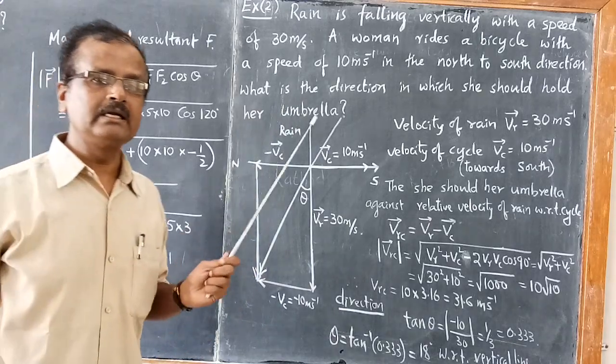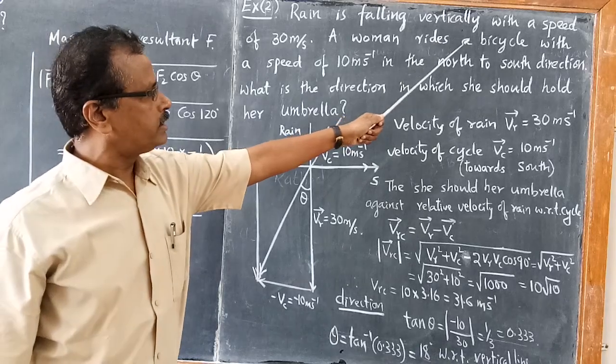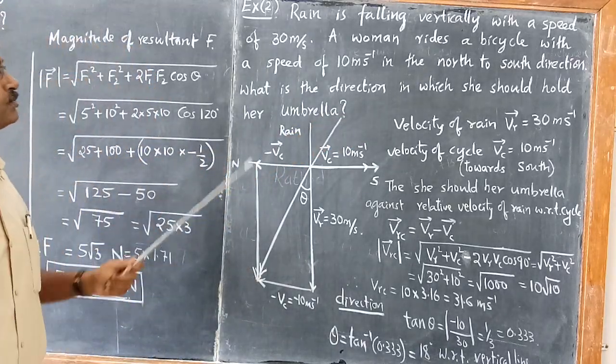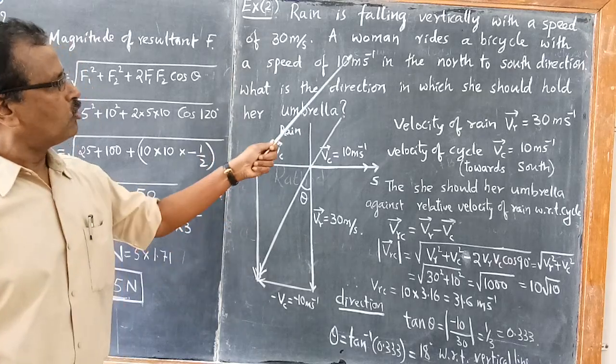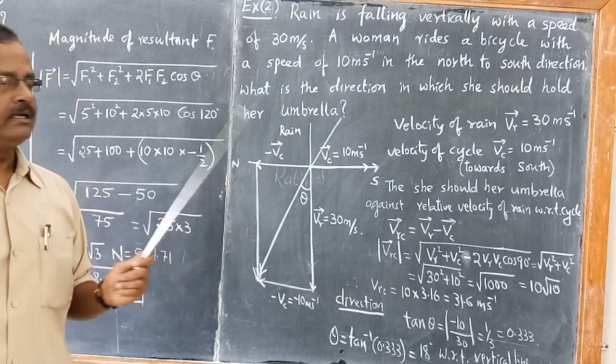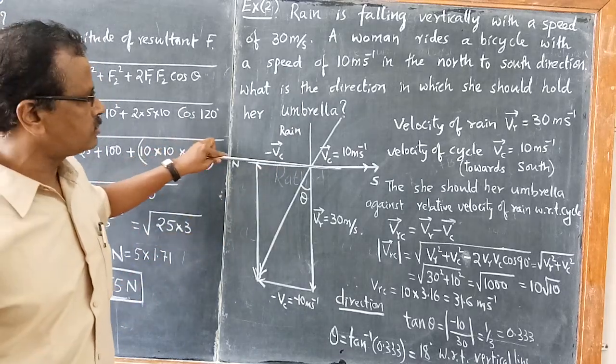Here it is a little different. Here rain is falling vertically downward with a speed of 30 meter per second. A woman is riding a bicycle with a speed of 10 meter per second in the north to south direction.